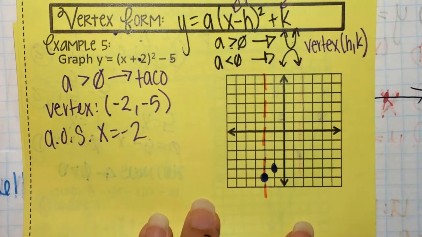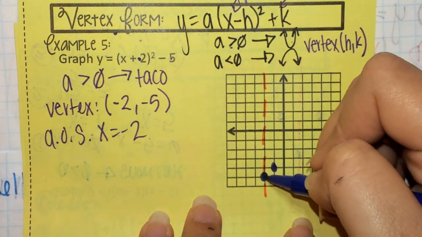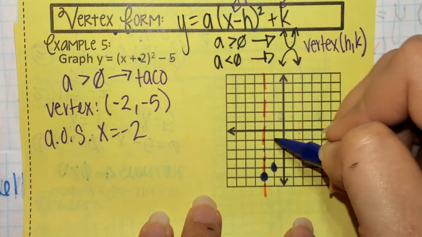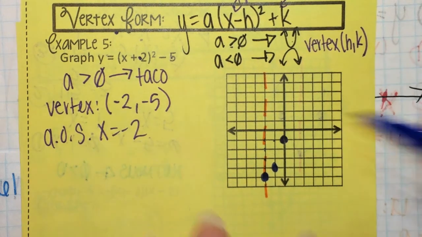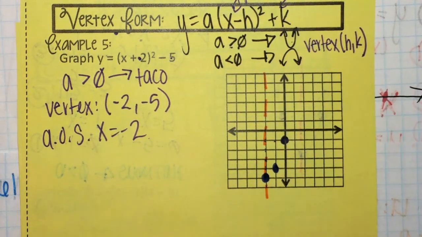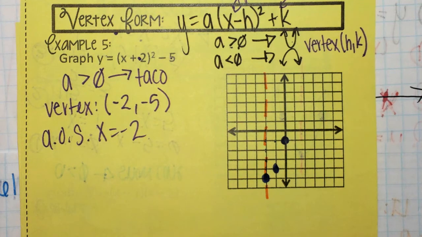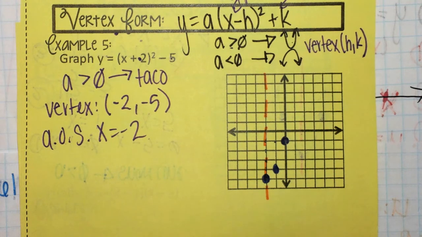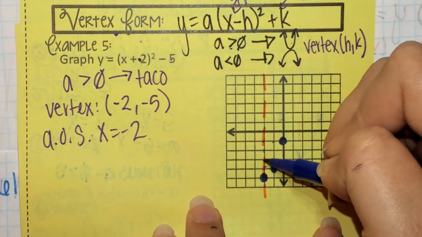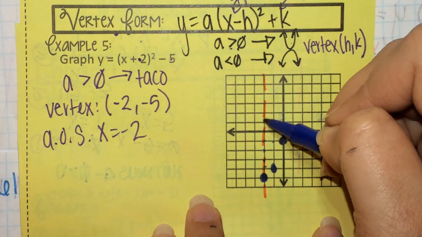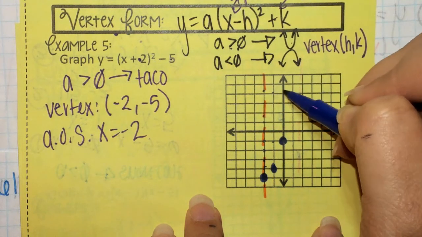Then up 1, 2, 3, 4, right 2. I'm going to explain that. Then up 1, 2, 3, 4, 5, 6, 7, 8, 9, right 3.